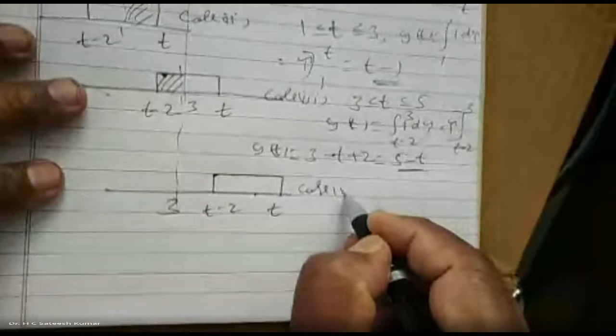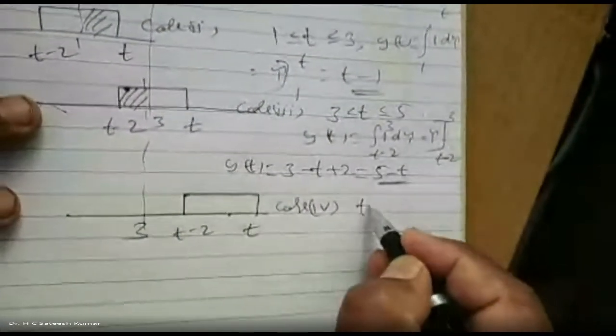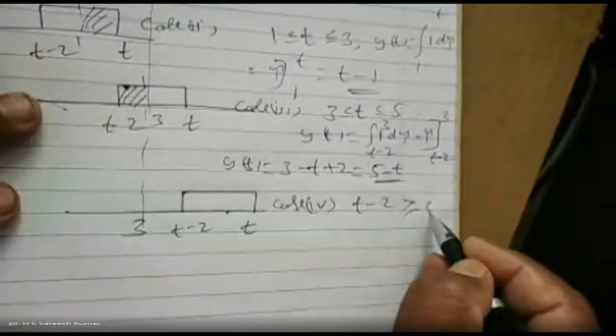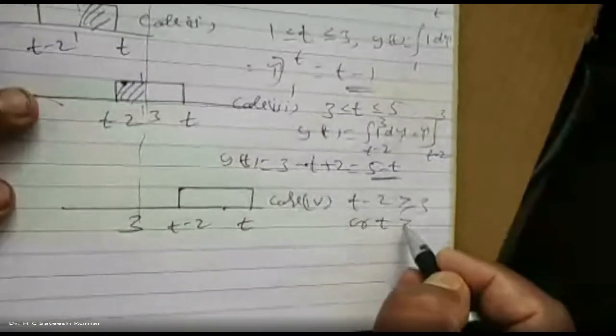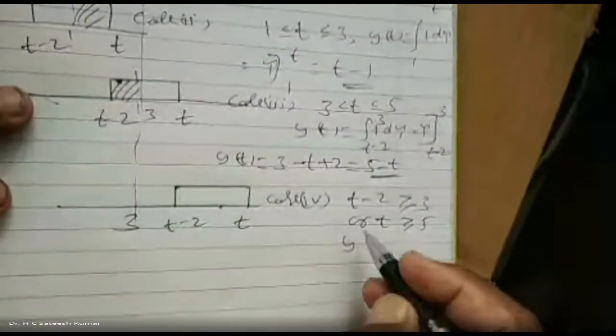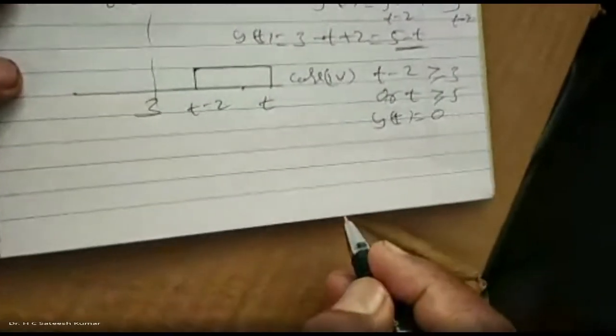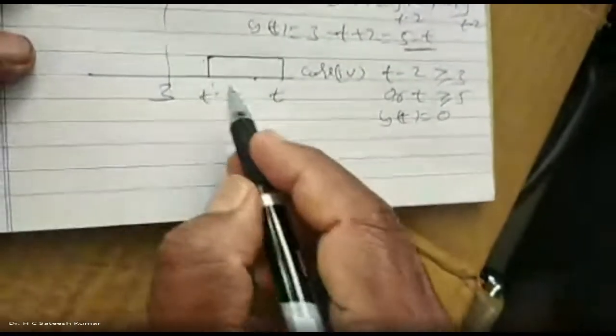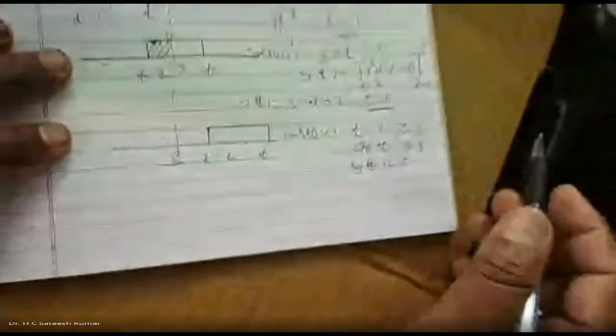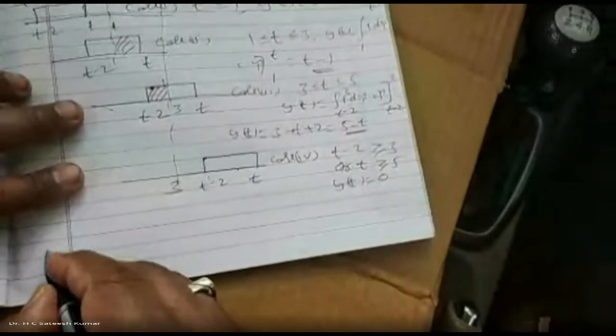Case 4: t minus 2 greater than or equal to 3, or t greater than or equal to 5. y of t is equal to 0, because the left edge of the second signal is crossing the right edge of the first signal. So these are the 4 cases.